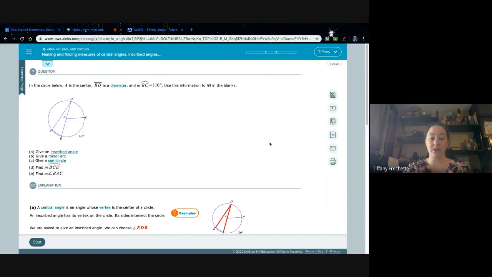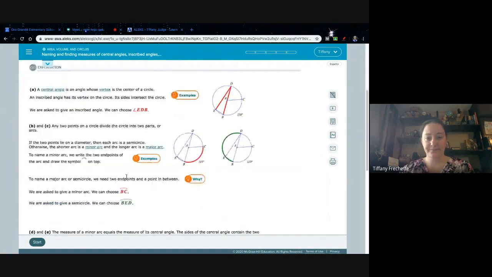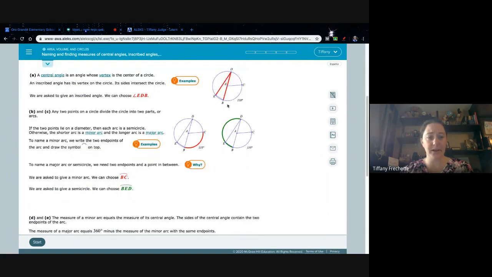We have a semicircle, inscribed angle, center angle. There's a lot of words that go with a circle, and we need to know what all of these mean. If you missed any of that, just rewind, go back to the beginning, rewatch it, and make sure you understand what all these pieces mean, or it's going to be very difficult for you to move forward on this one. If we scroll down, we can see they highlighted the same one here for inscribed angle, because that's the only inscribed angle in this diagram.